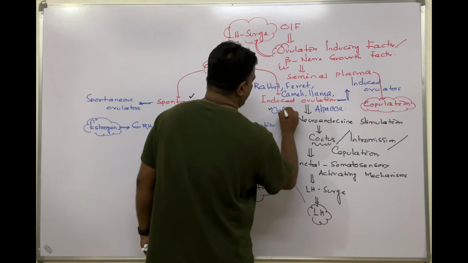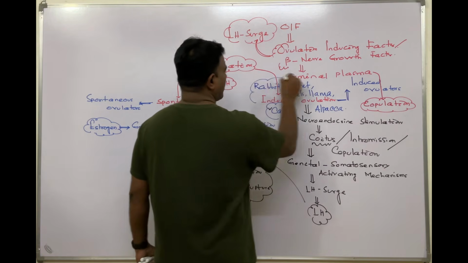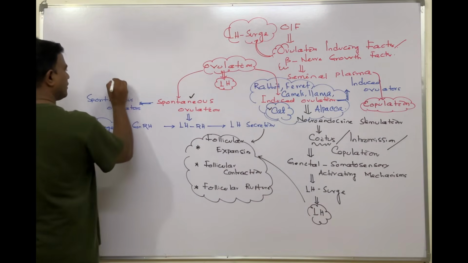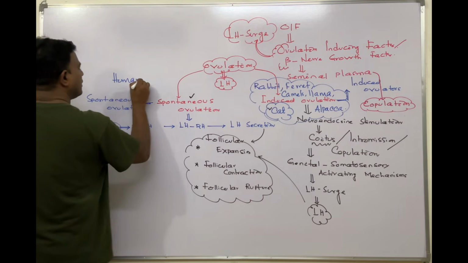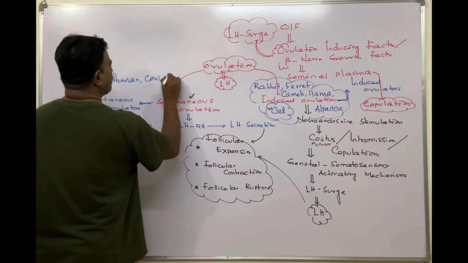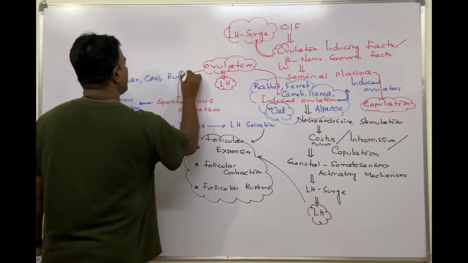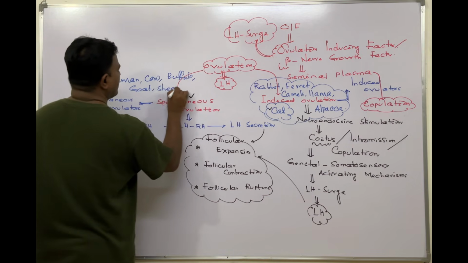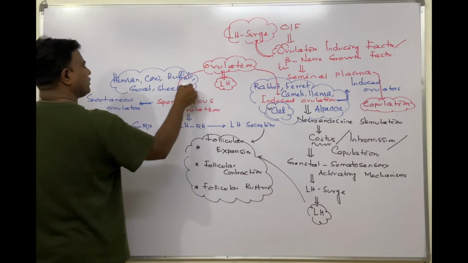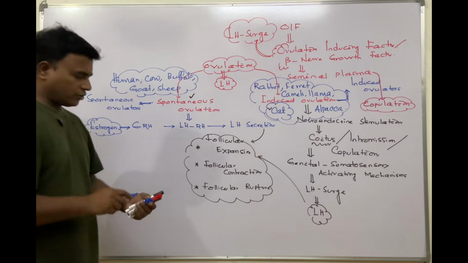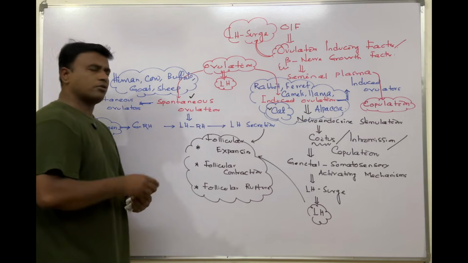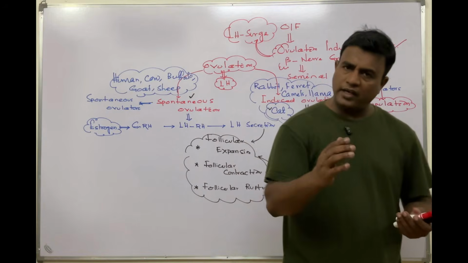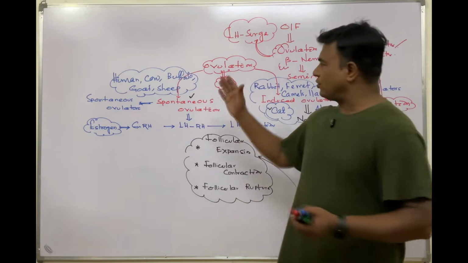The domestic cat or the wild cat also come under this category of induced ovulation. But among the spontaneous ovulators, we say human, cow, buffalo, goat, sheep, all these come under this category of spontaneous ovulation. So this shows the difference in the LH surge mechanism and thereafter the LH signaling. That's the difference between these two mechanisms.